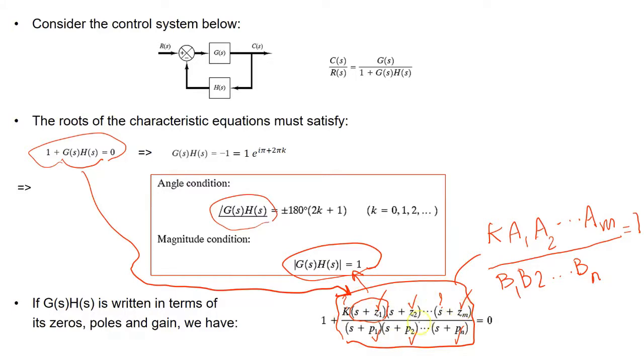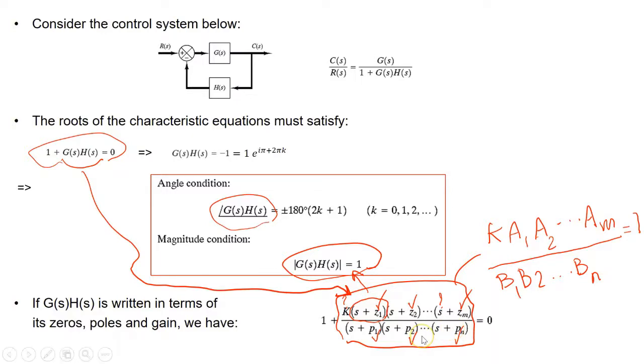What is the phase of this? What is the phase of that? If you remember from complex numbers, the phase of a rational is what? It's the phase of the terms in the numerator minus the phase of the terms in the denominator, right?